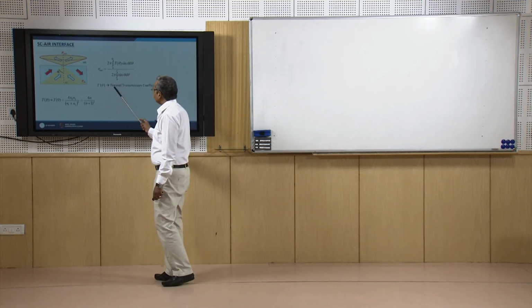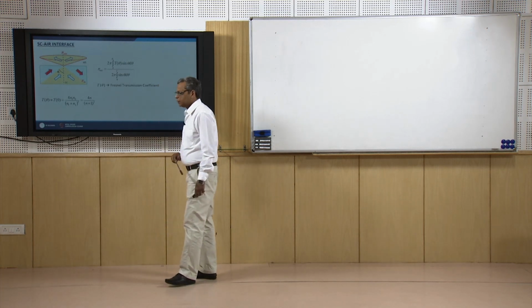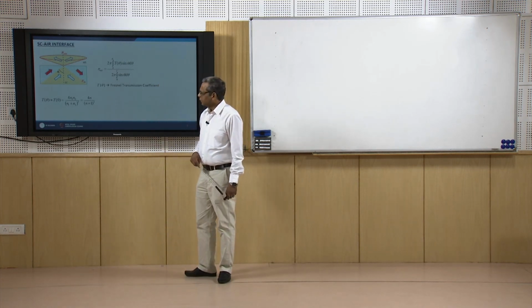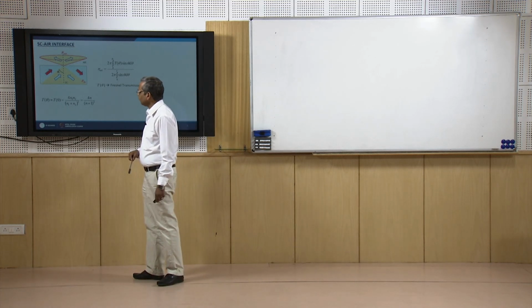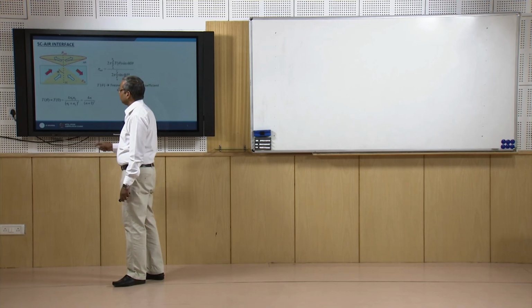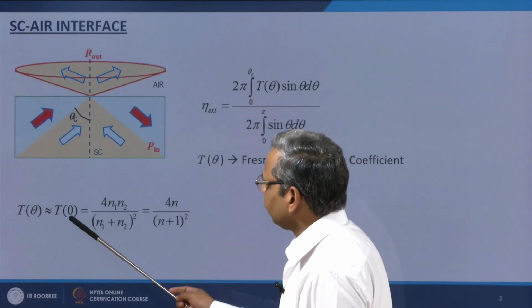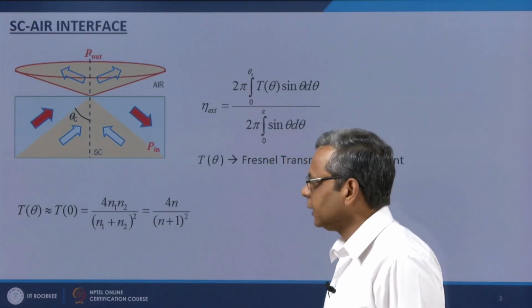This T(theta) is the Fresnel transmission coefficient, and for simplicity and mathematical convenience, let me approximate it by the Fresnel transmission coefficient at normal incidence, when theta is equal to 0.